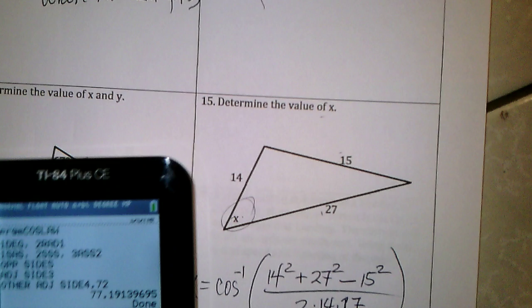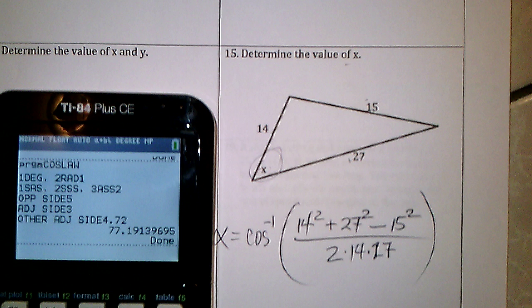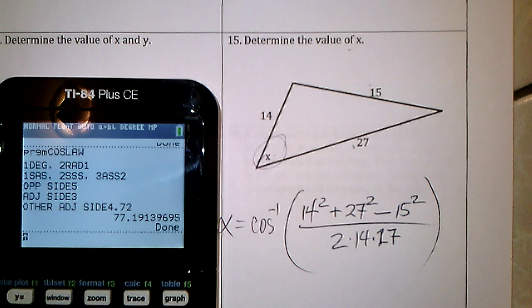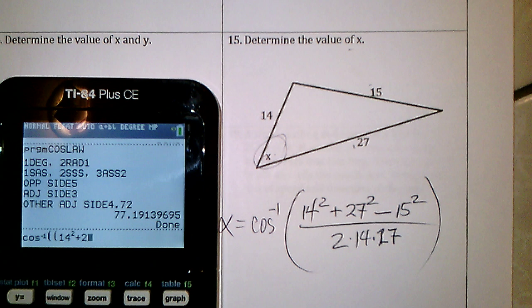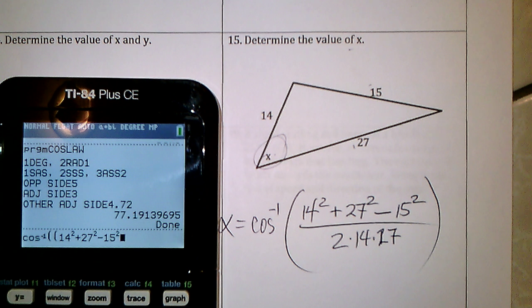And so we have cosine inverse of numerator 14 squared plus 27 squared minus 15 squared, divided by denominator 2 times 14 times 27.